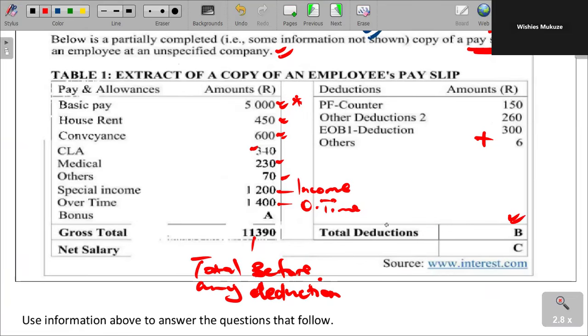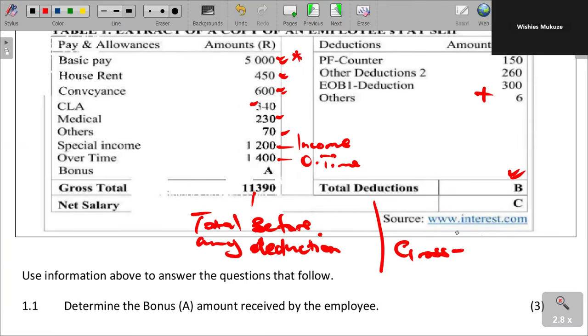And then net salary, which is gross minus total deductions. Gross minus total deductions is going to give us net salary.